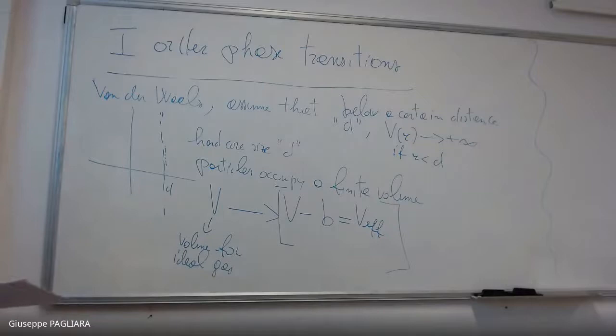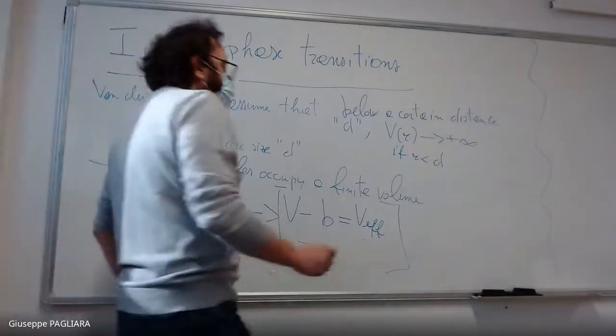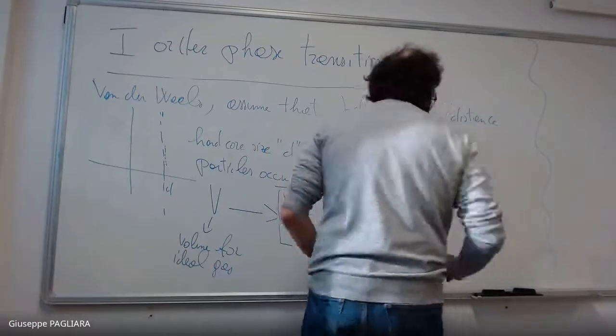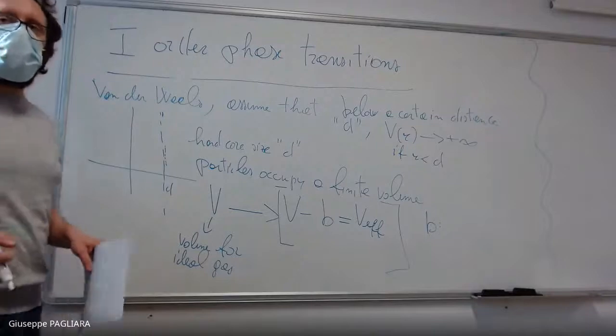So the effective volume is V minus a correction B, where B is a carpet under which we put the physics that we don't know.